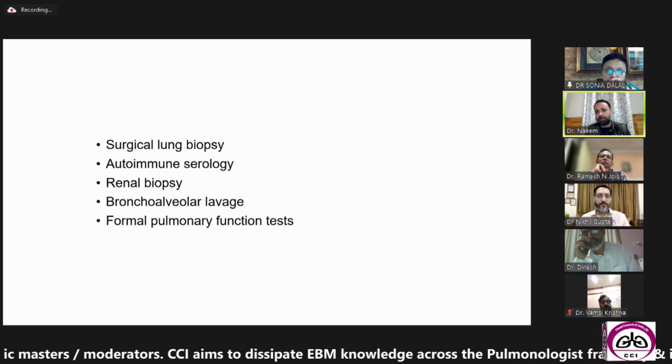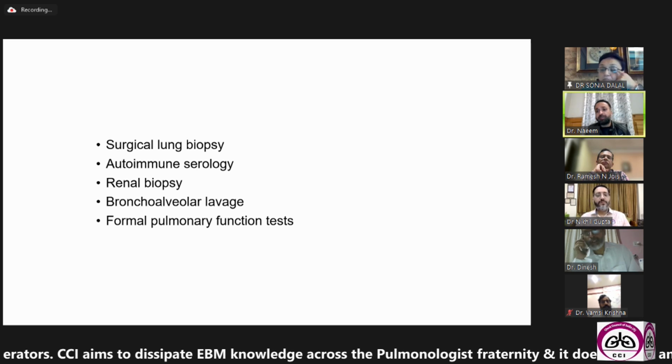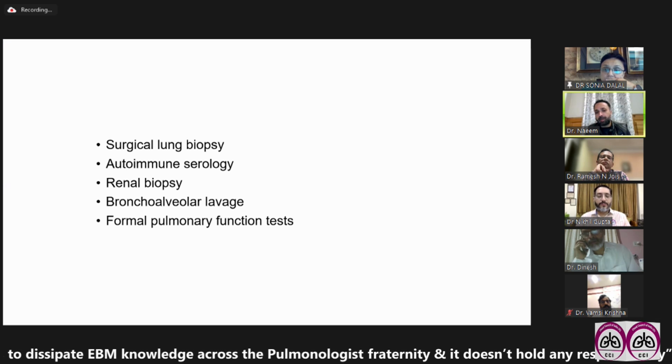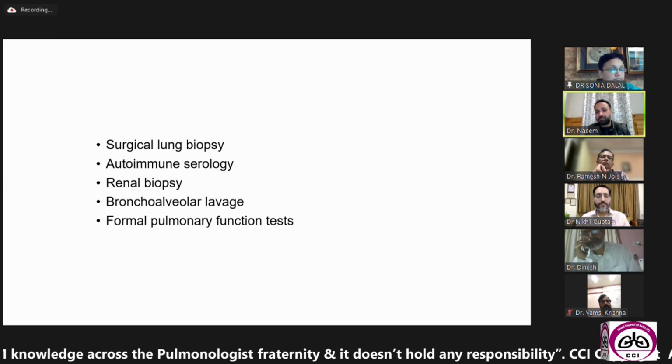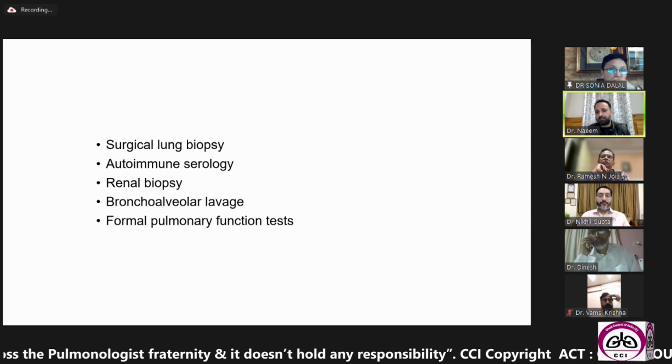Then we have to prioritize our next step. So with this clinical picture going towards diffuse alveolar hemorrhage, bronchoalveolar lavage will be my next choice, followed by the autoimmune serology at the same time.